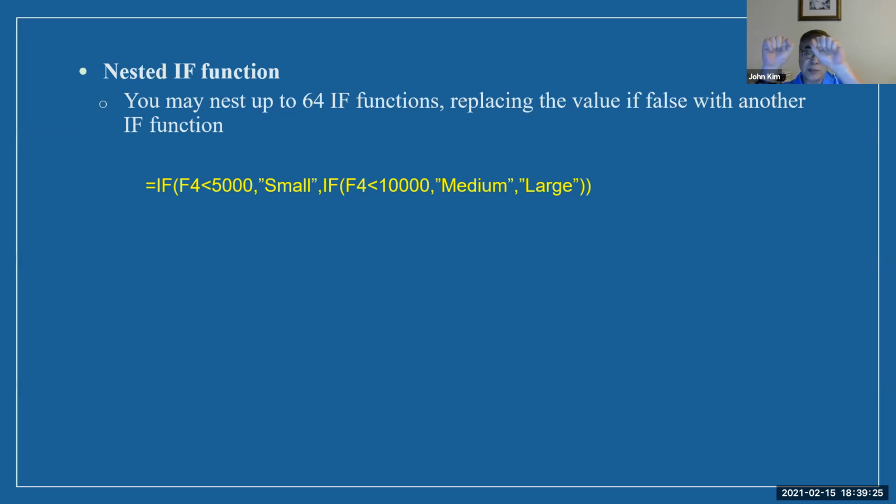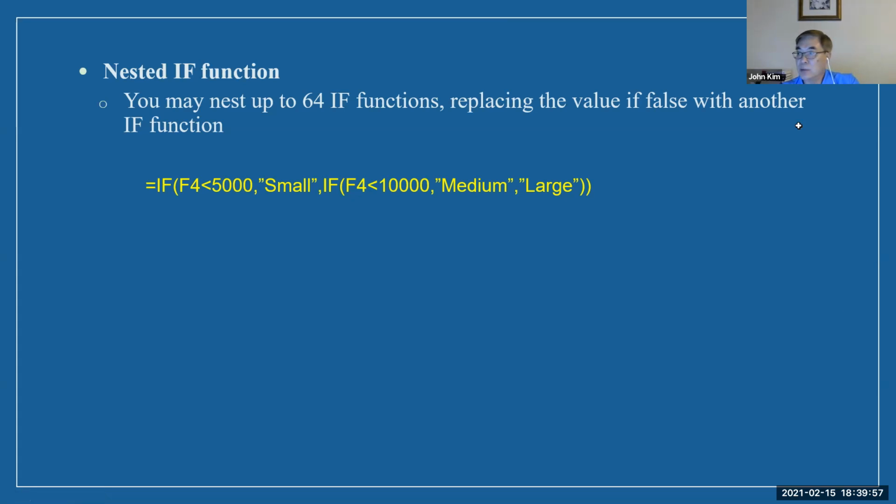So true and false, there are two categories, but with three or more, then we can use this nested IF function. So small, medium, large. Divide by 5,000, 10,000, and so on.